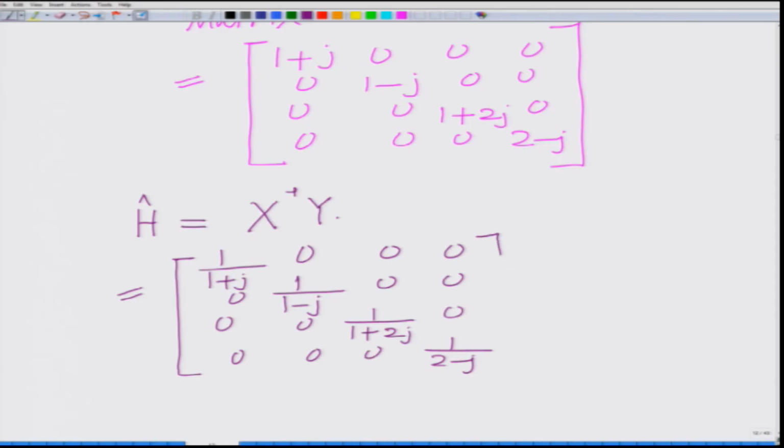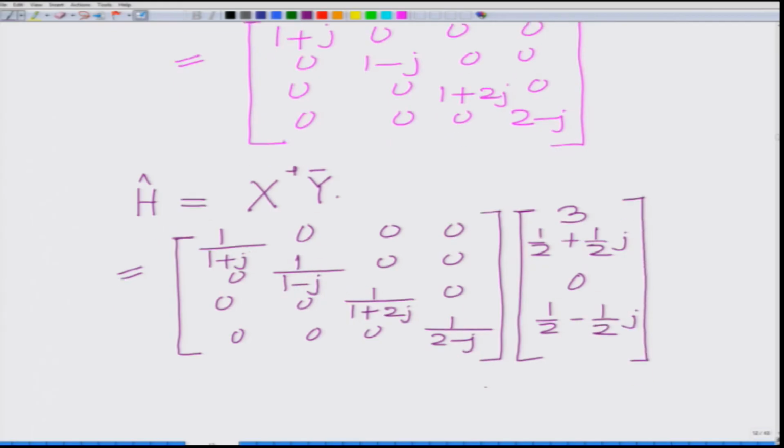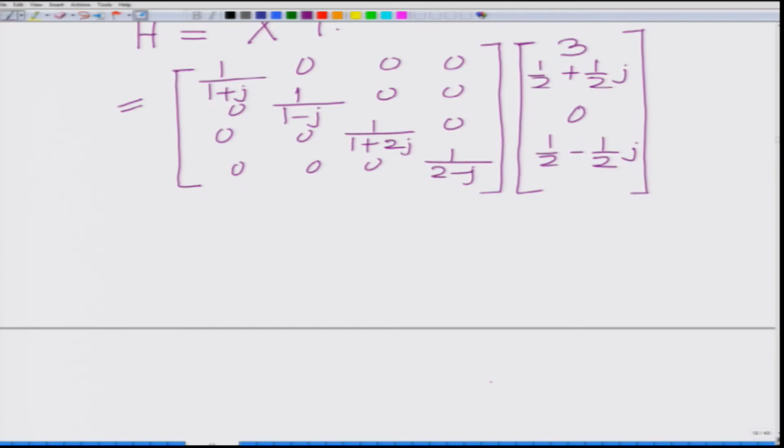which is basically multiplied with your output vector containing the symbols received across the subcarriers, that is Y bar. So, this is the diagonal matrix X inverse, and this is the capital Y bar, 3 half plus half j, 0, half minus half j. Now again it is fairly simple to simplify this at this point.